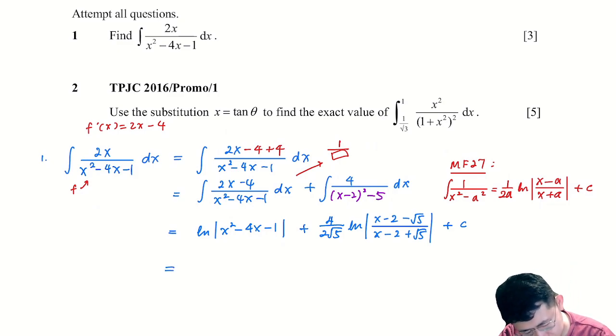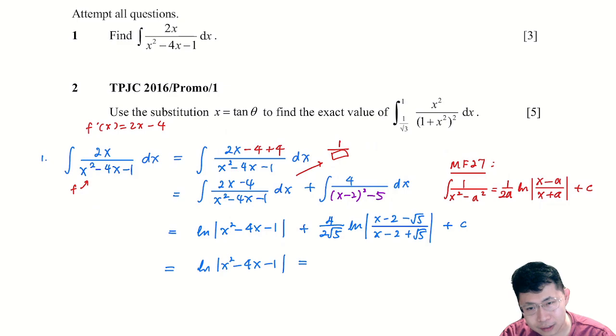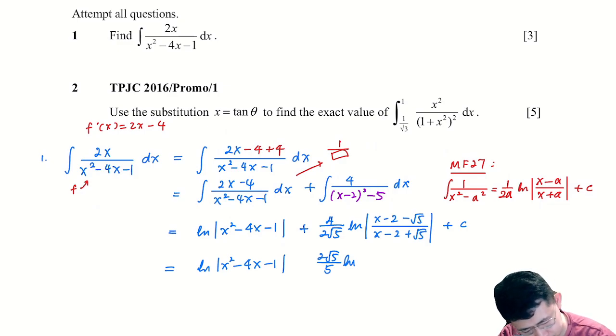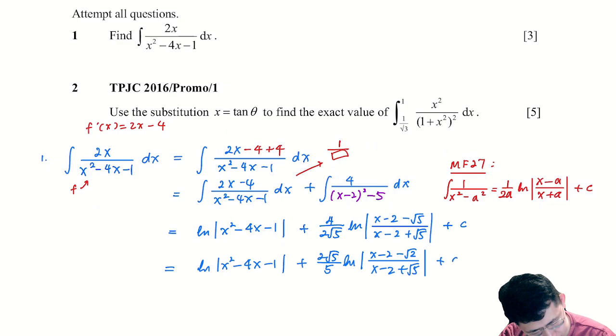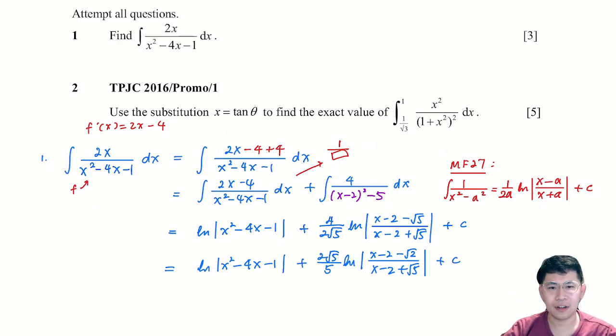With this, we simplify the constant multiple to be 2 root 5 over 5. This is the way we simplify question 1, and this is the end of question 1.